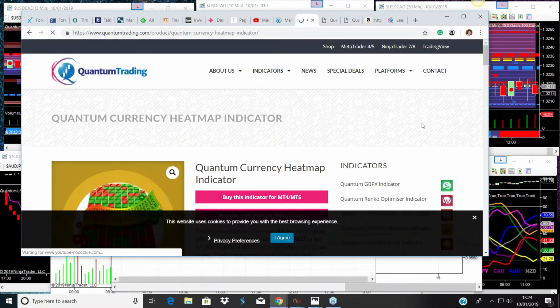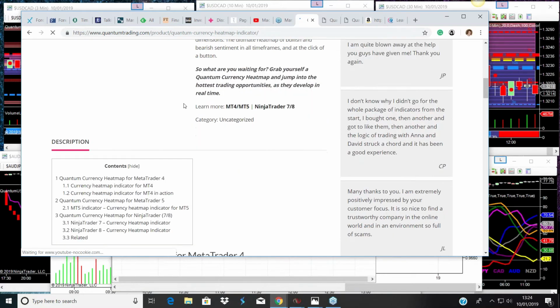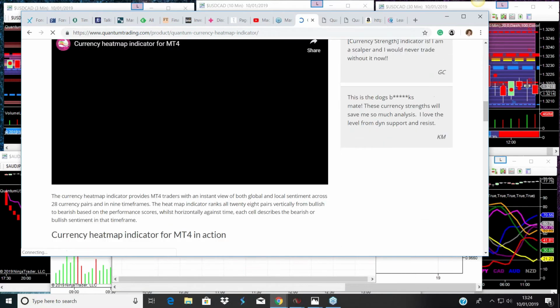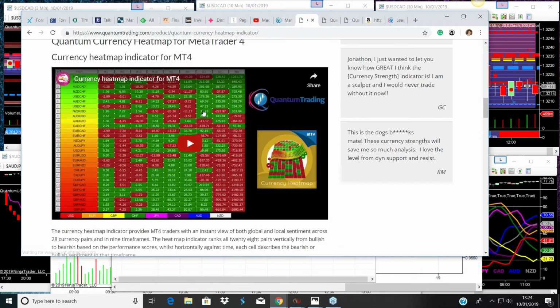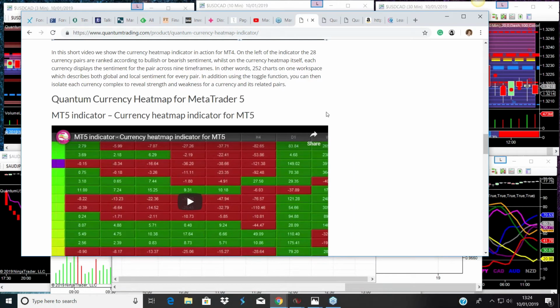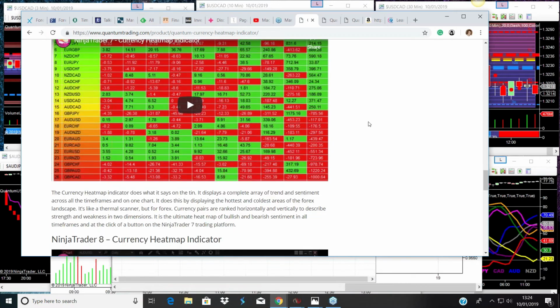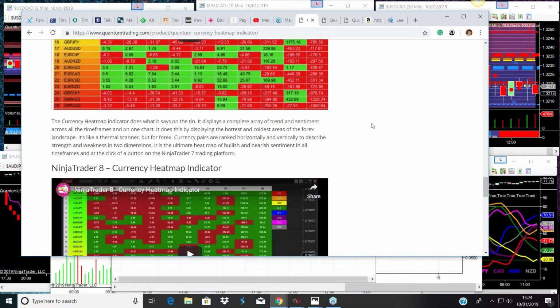And what we've done is collate the various videos that David has done for the indicator, and it will play both for MT4 and NinjaTrader as well. So it makes it much easier to find the information on the site, and explains in more detail how to use not just the heat map but other indicators as well.